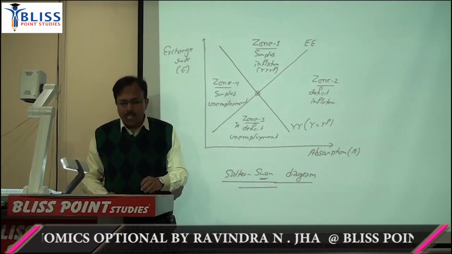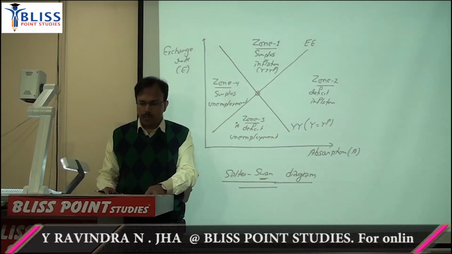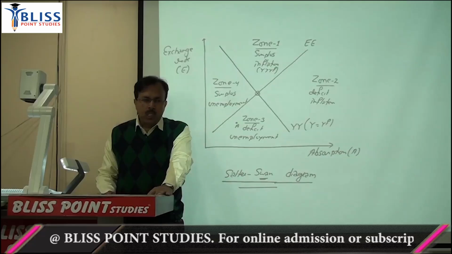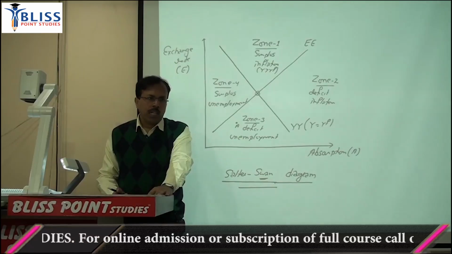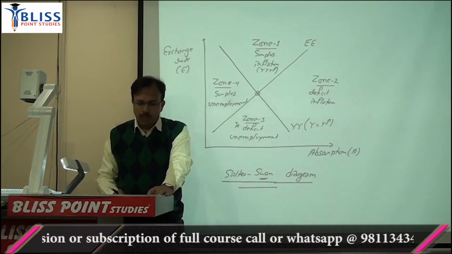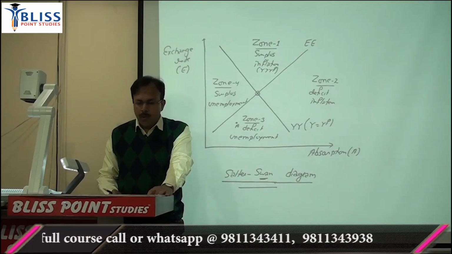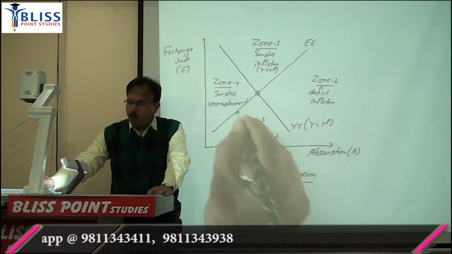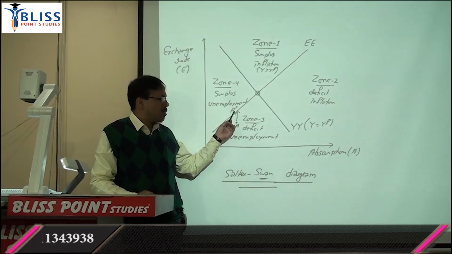Full stop. By changing the exchange rate only through expenditure switching policy, within bracket write devaluation, the economy can move to point A dash, from A to A dash, because you are changing only what?